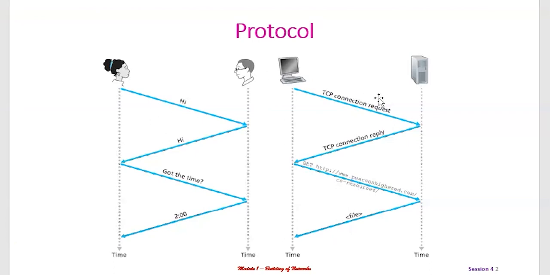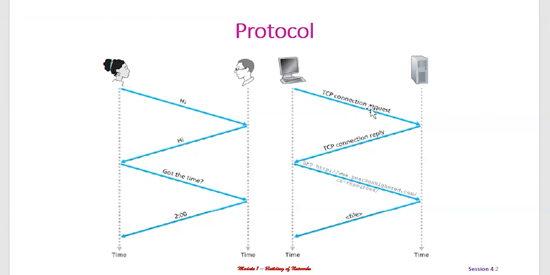Similarly, in computer networks, whatever the end system is, when two end systems want to establish a communication, there needs to be a request. Let us not bother about TCP now. A connection request has to be made from one end system to the other end system. Upon receiving the connection request, the other end system has to give a connection reply.